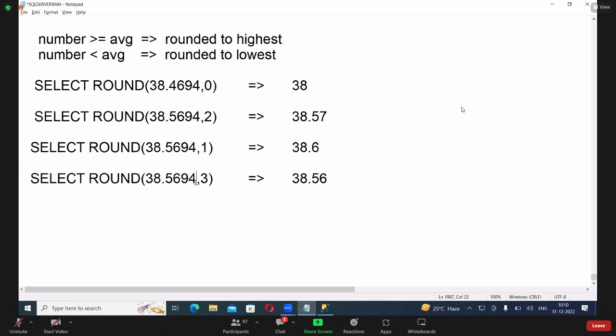But here, is the next digit 5 or above 5, or below 5? Below 5. Below 5, it stays rounded to 9 only. Then why is it 8?